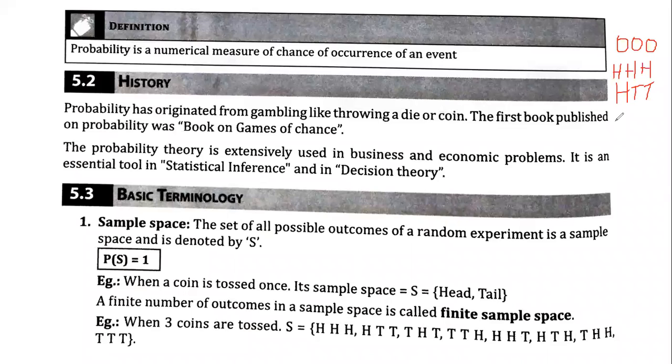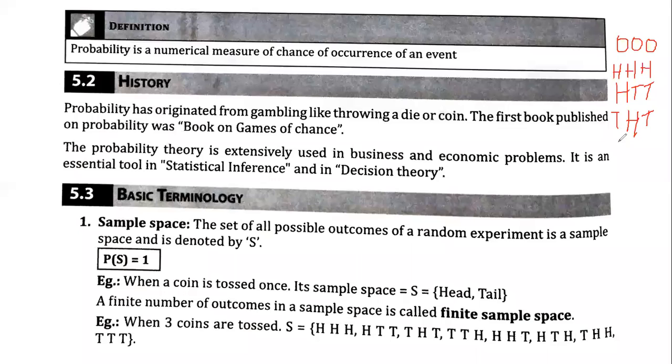Now again I will toss. This time I will get tail, head, tail. I am tossing the coins together. 3 people are standing and tossing the coins at a time. So the first person is getting tail, the second person is getting head, the third person is getting tail.